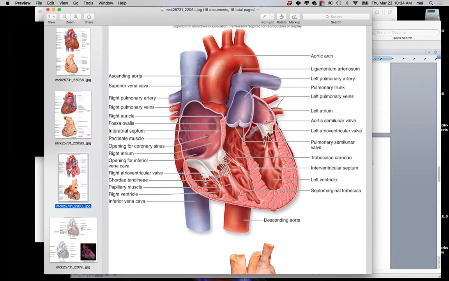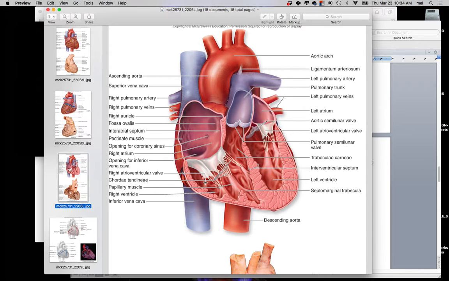It looks like it might be semilunar, but if I tell you to think about pressure, it's the AV valves collectively because they're so much higher pressure. Why are they so much higher pressure? Well, because I'm pressing a closed chamber, right? As soon as I close the AV valves, the entire chamber is closed and I'm increasing the pressure on a closed chamber, especially in the left side where I'm generating boatloads of pressure, right?